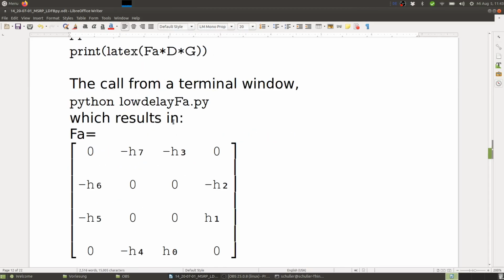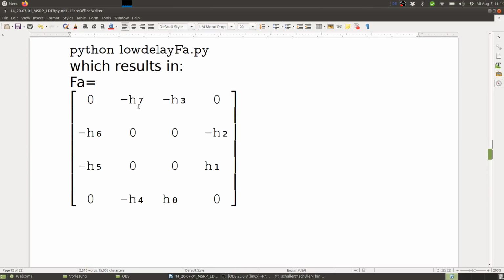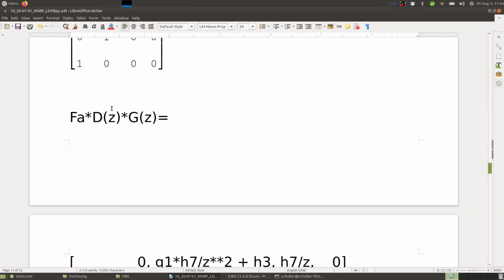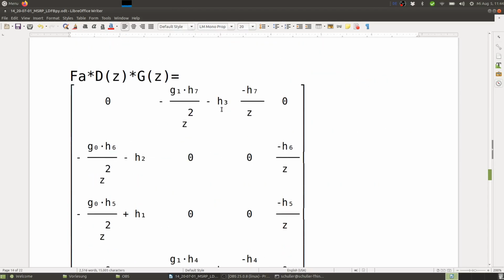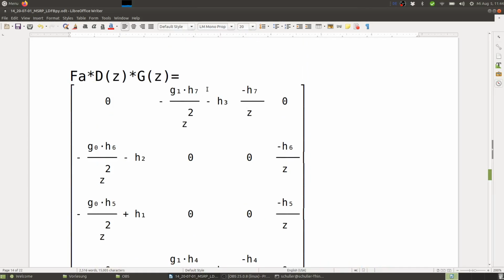So here you can also see it in a nice printed form. It turns out that SymPy can also print out in LaTeX notation and then use it in a document. So that's quite nice. So here again is the result. Here's the D, here's the G, here's the output of the product of all three of them, and you can see it more nicely printed using the LaTeX output.